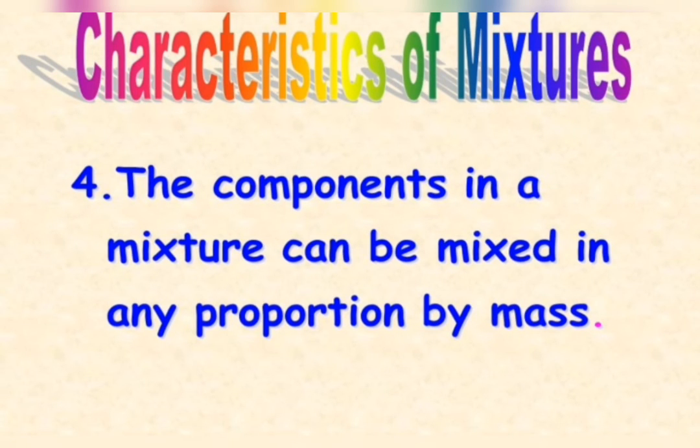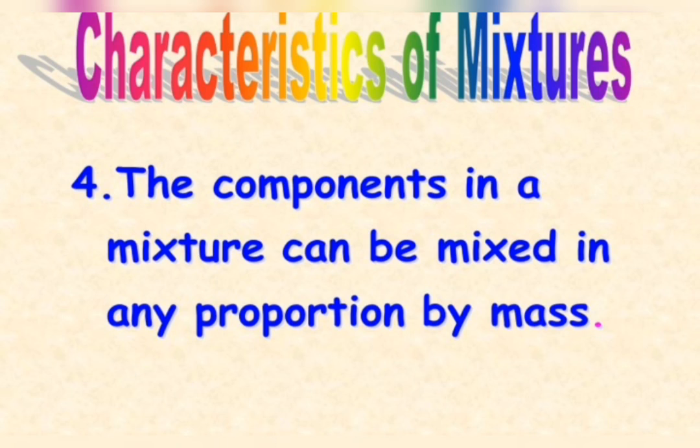Another property of mixtures is that the components in a mixture can be mixed in any proportion by mass. That means we can mix any amount of constituents to get mixtures. We can have different compositions of a mixture. So suppose I'm mixing iron filings and sulfur powder. We can mix any amount of iron filings and sulfur powder to get mixtures having different compositions. So you will have a mixture of variable composition.